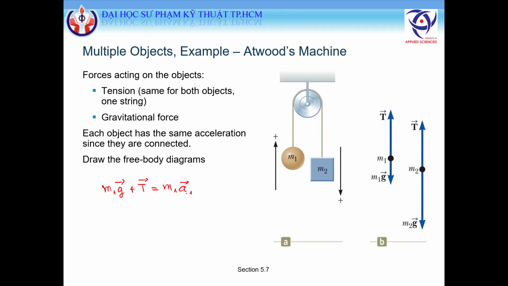In this case, I write A1 for the mass M1. M2G plus T equal to M2A2. You see?